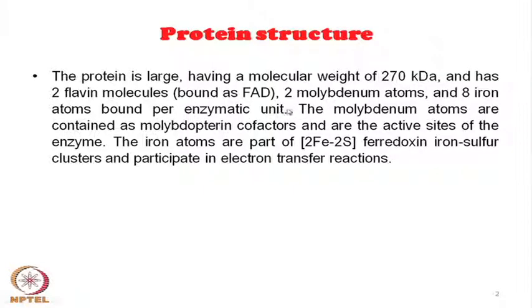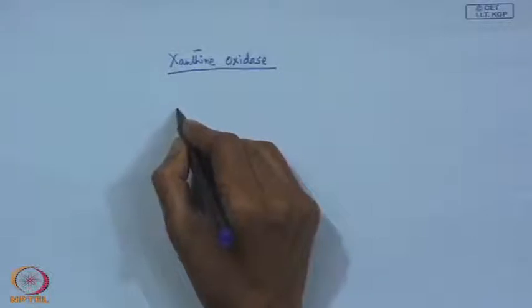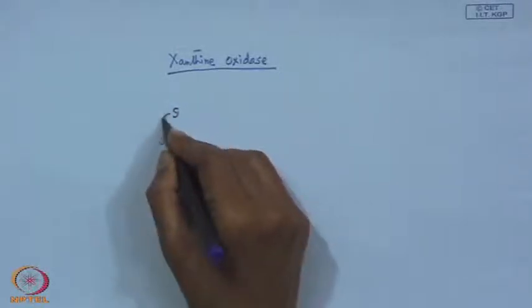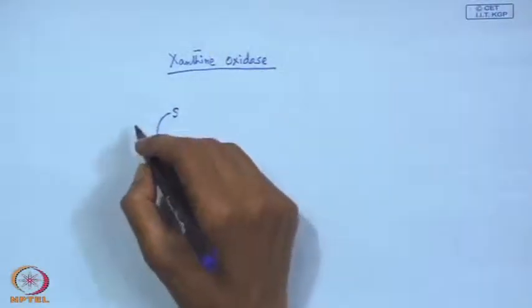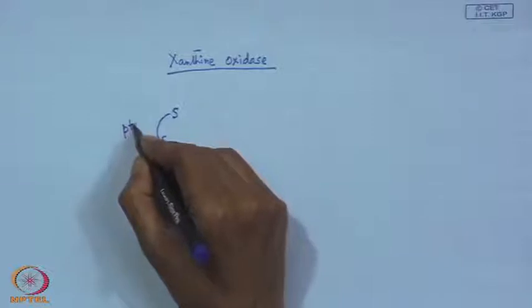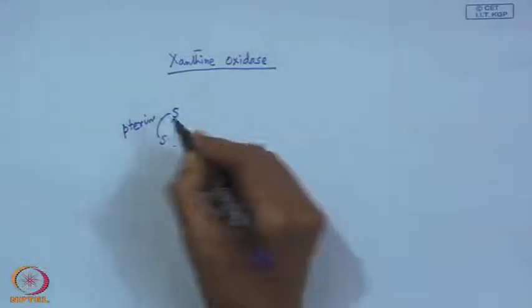So, how do we bind these molybdenum sites? Within the protein structures, they are contained in the molybdopterin cofactor, which forms the active site of the enzyme. We have earlier seen that two sulfur parts come from the molybdopterin part.